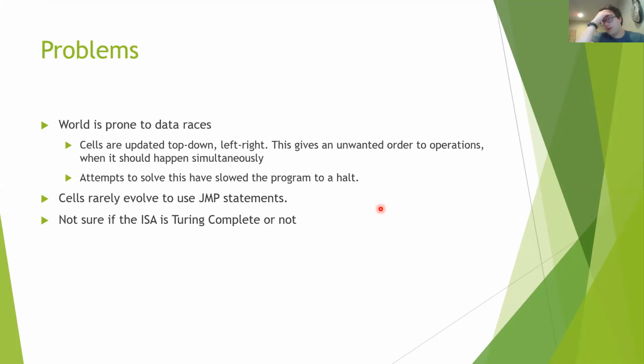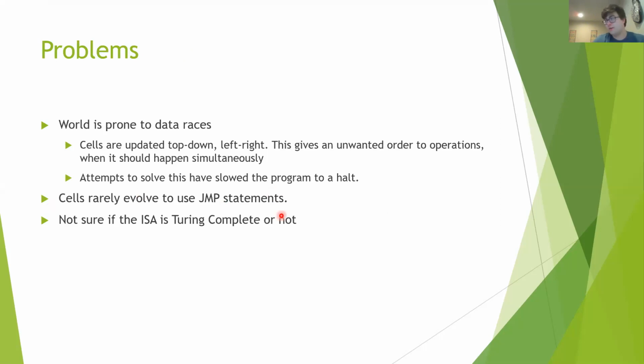All right, so there are a couple problems. The world is very prone to data races because everything is updated top down, left, right. So cells over here will have a higher priority than cells over here. That's not good. We want them to happen simultaneously. Also, for some reason, cells very rarely evolve to use jump statements.